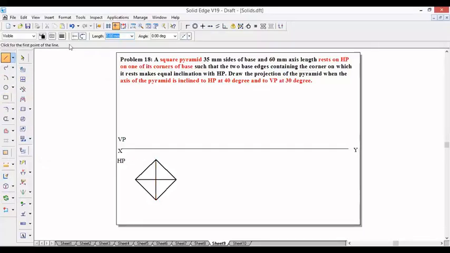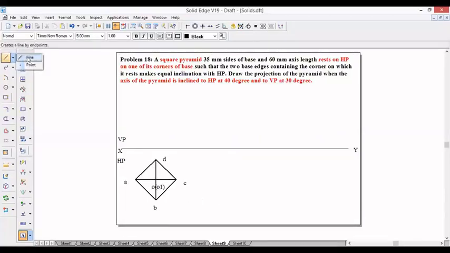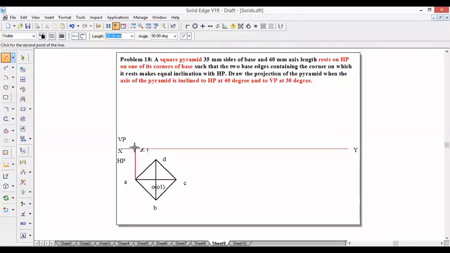Then I need to take the projection lines. Before that, I call the corners A, B, C, D, then O for the apex and O1 for the base center. Then the projection of A will be till the XY line, B and D will be here itself, and C will be here.